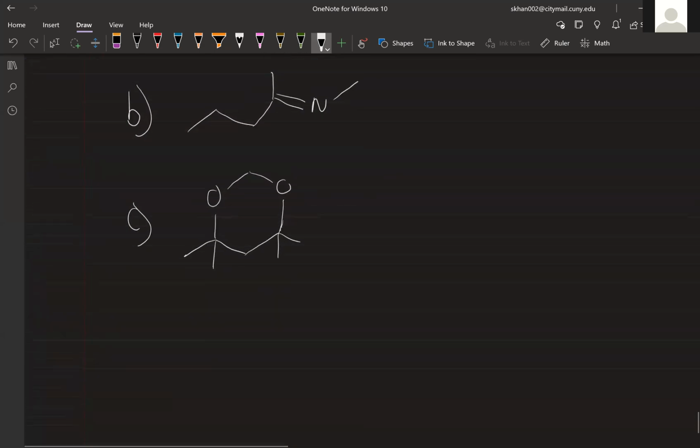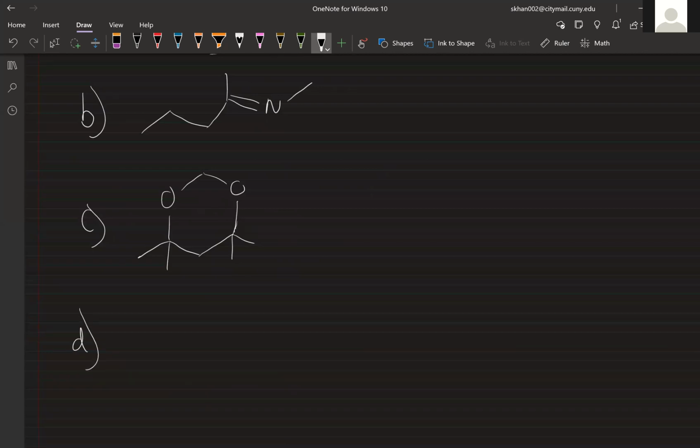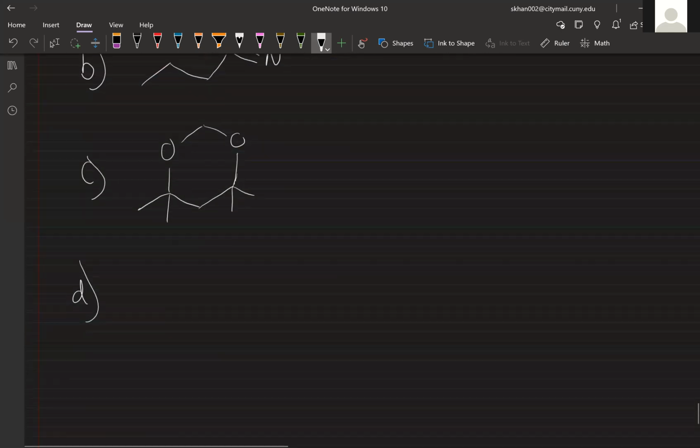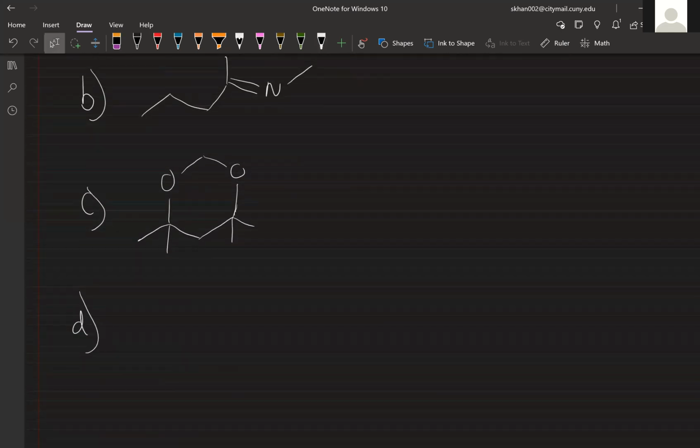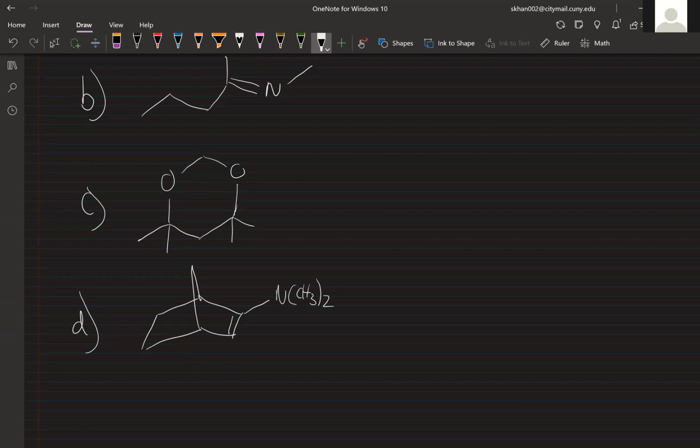Let me zoom out a little. You could try the rest of this problem too. What was this? 19.23. It's a good problem. So this is a bicyclic, and then this is N(CH3)2, so it's a secondary thing there.